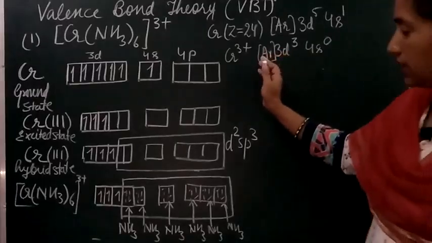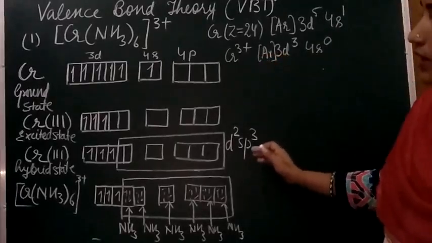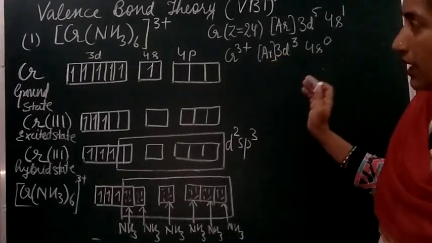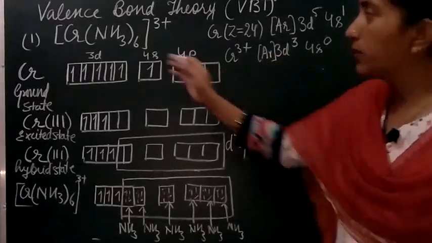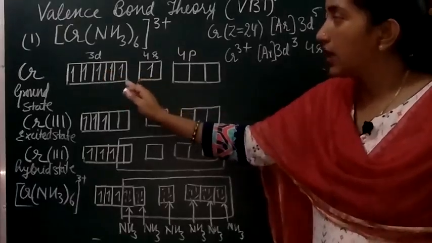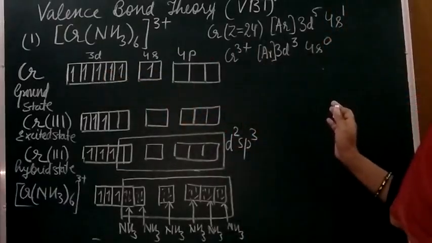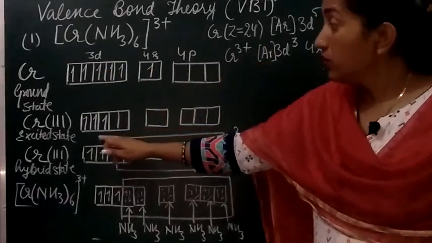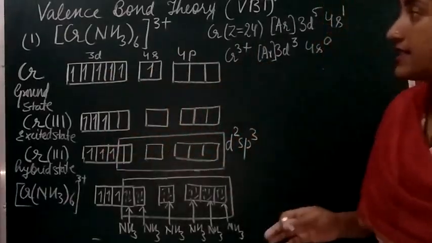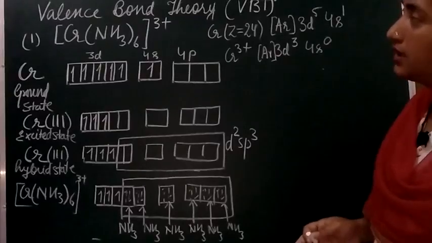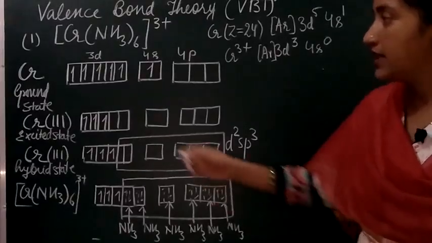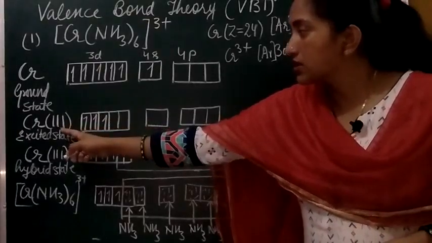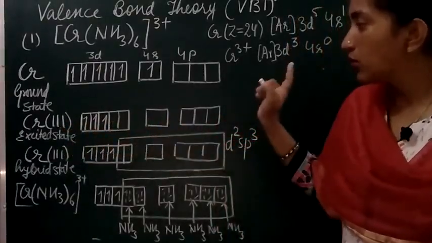So I think this is clear to you, because here we are using the hybridization concept only. This chromium central metal ion will first have its ground state configuration written down, right? Then we write its excited state, or when it is getting the oxidation state, right? It has got a 3 plus oxidation state, so 3 electrons are removed from it.